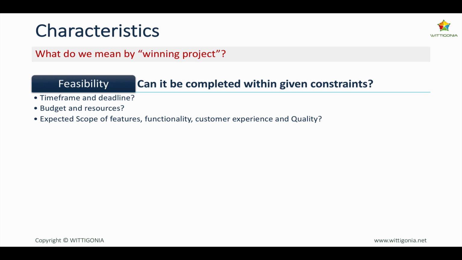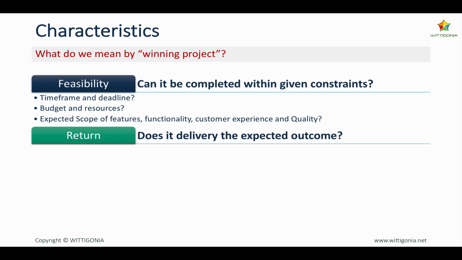Because you don't want to deliver a project and, as some people say, to throw the project over the fence, and then the quality at the end is inferior. So that's not a good idea, of course.